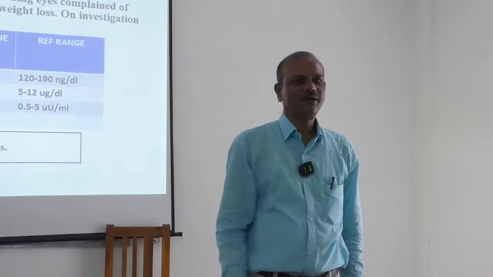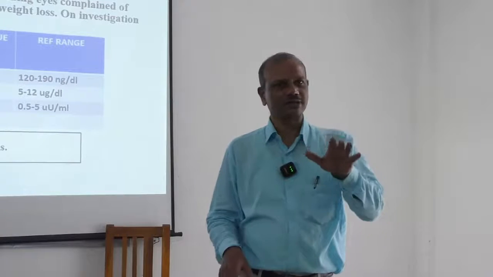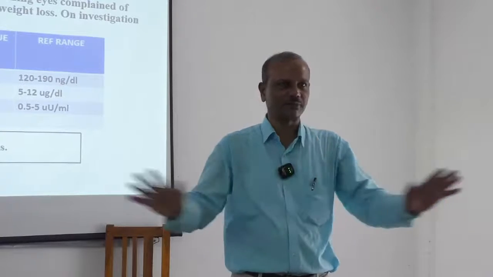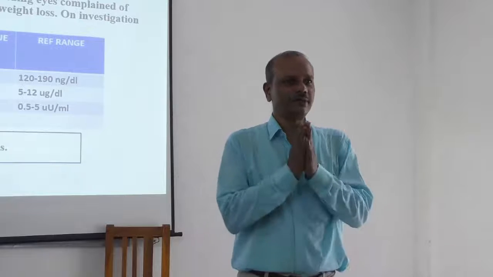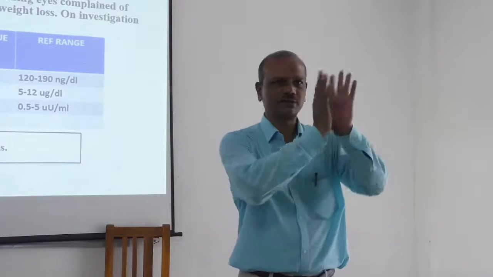Otherwise, let me see. Remember one thing at the end, as I am concluding this class: if T3 T4 production is normal, then there will be normal secretion of TSH and normal secretion of TRH.